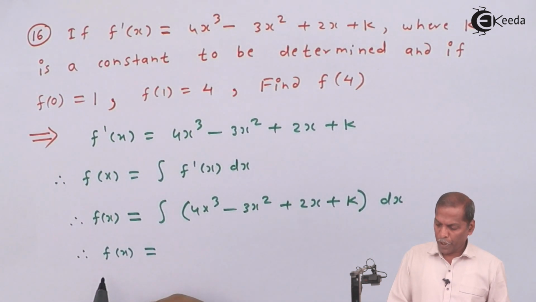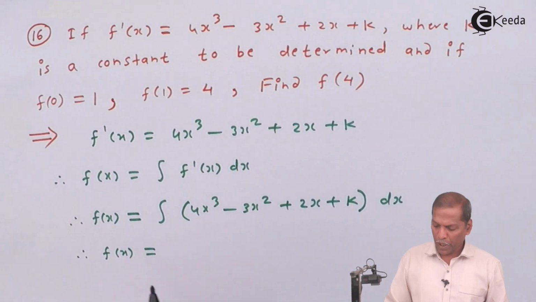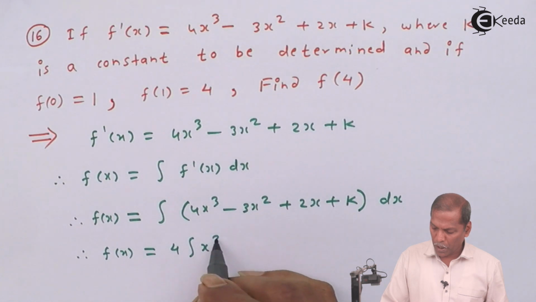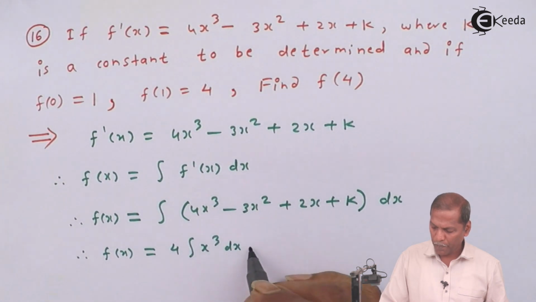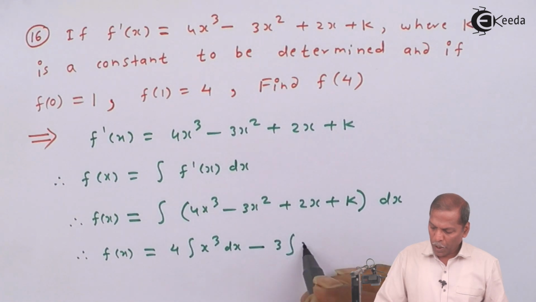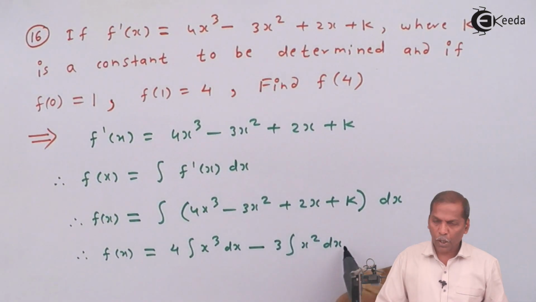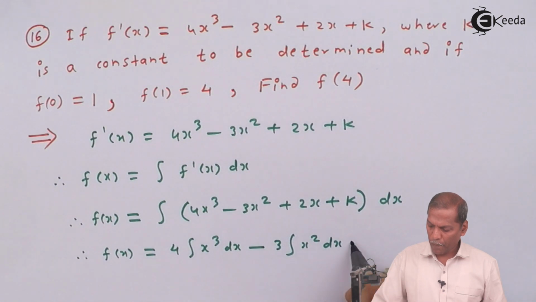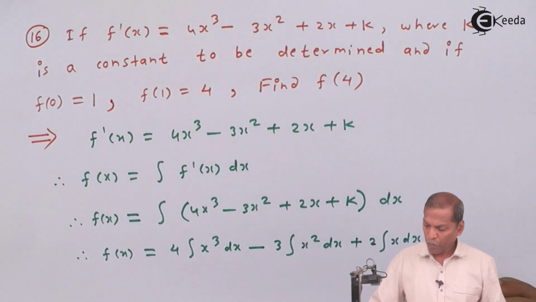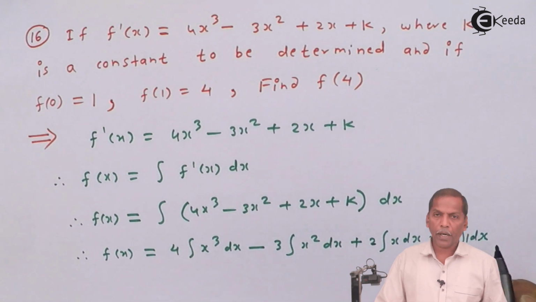Now here we integrate each term separately. So we get 4 into integral x cube dx minus 3 into integral x square dx plus 2 into integral x dx and plus k into integral 1 dx.